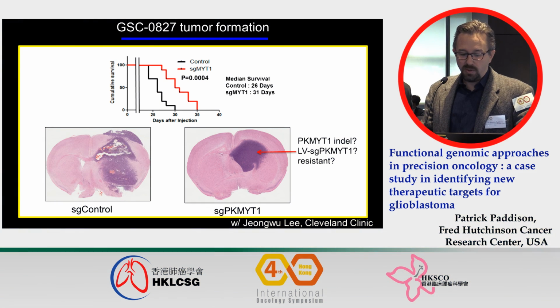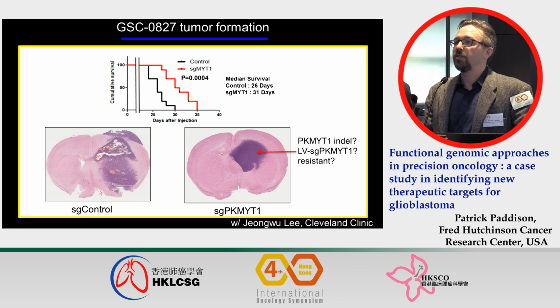And in vivo, we also see a somewhat dramatic effect, although the survival curve is somewhat modest in its change. You see this dramatic phenotypic effect with the most aggressive patient isolate we've come up with, which is shown here, where it results in these very infiltrative tumors.